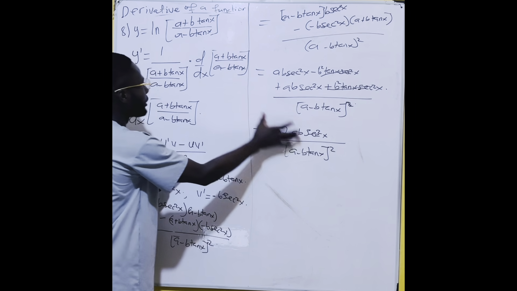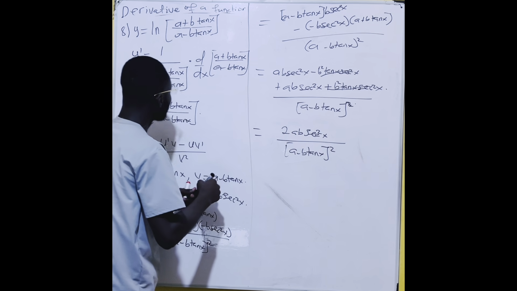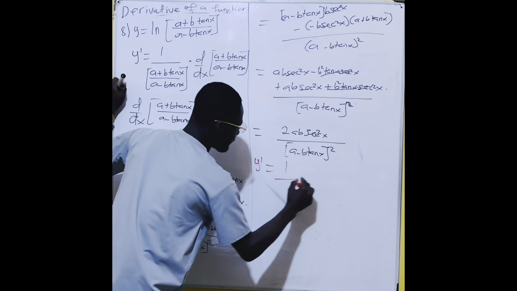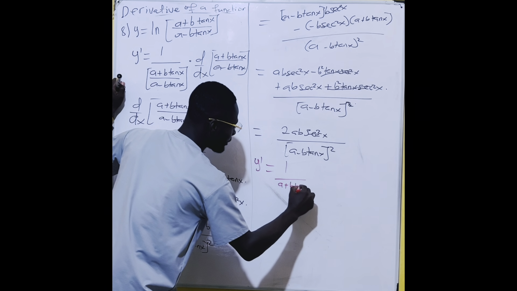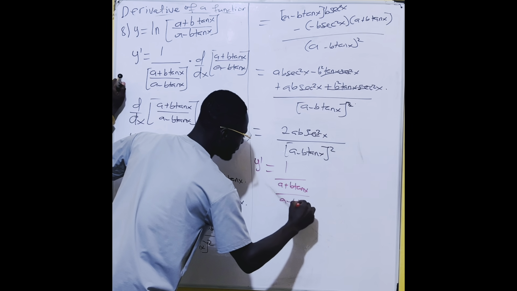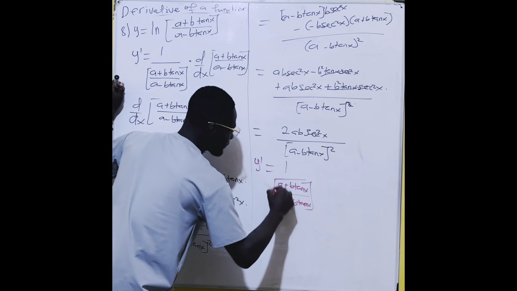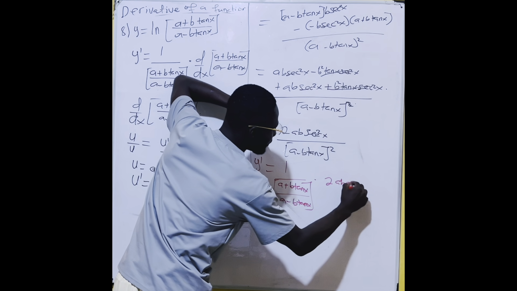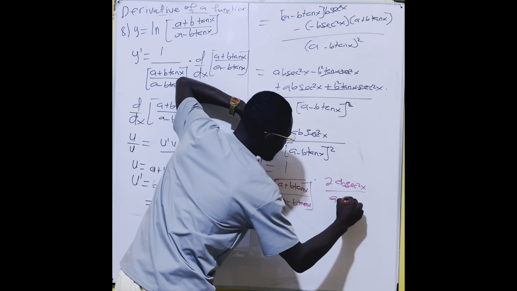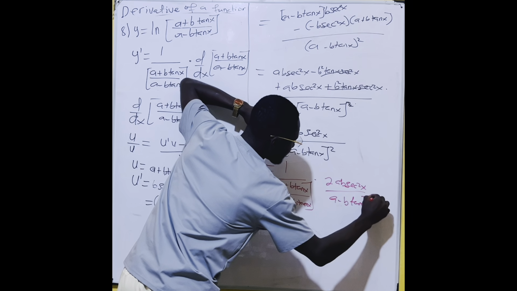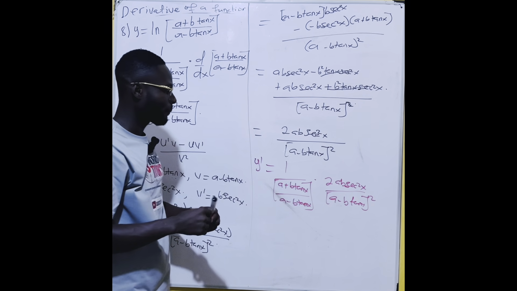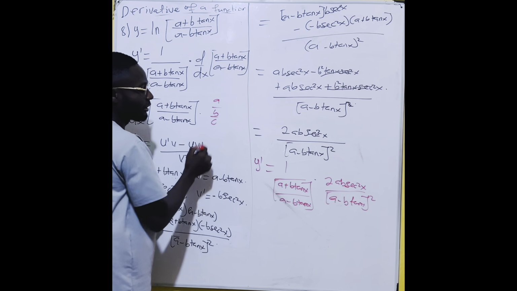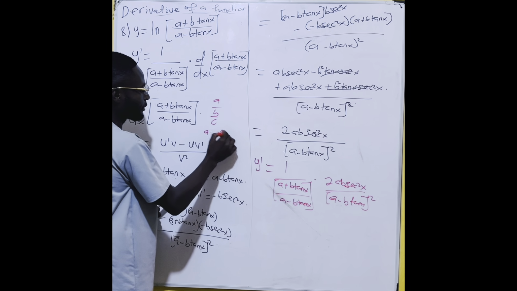So we're going to substitute this here. We're going to have y prime equal to 1 over (a plus b tan x) divided by (a minus b tan x), times 2ab sec squared x divided by (a minus b tan x) all squared. We know that if you have a over b over c, then you're going to have a times c over b.